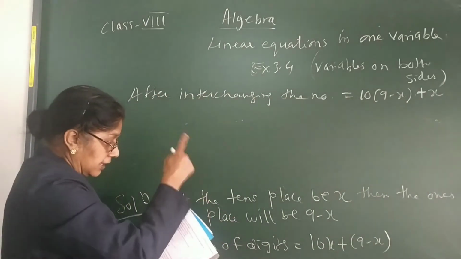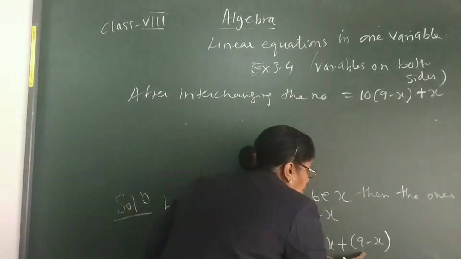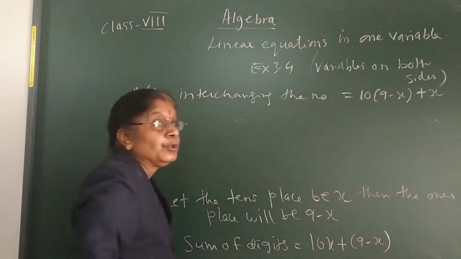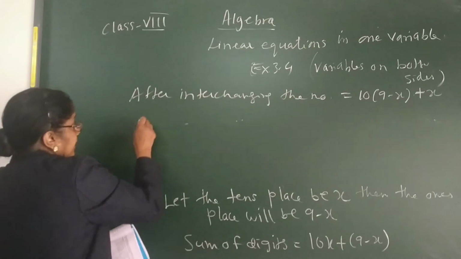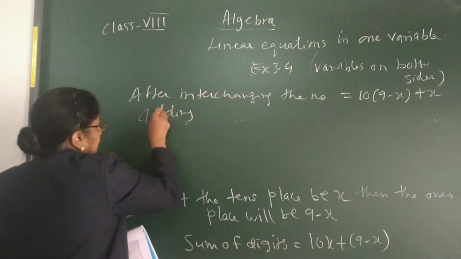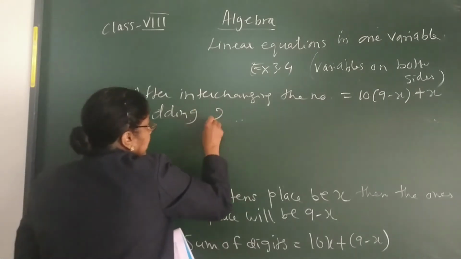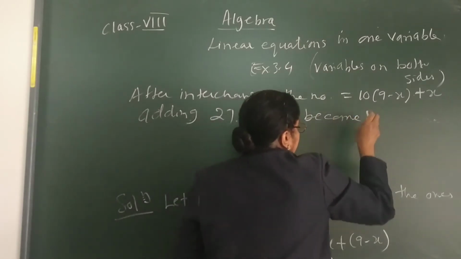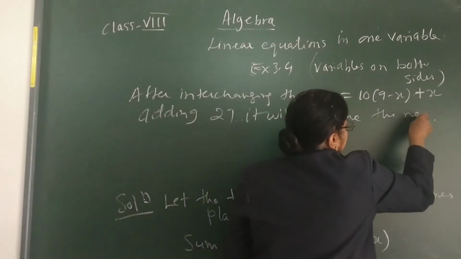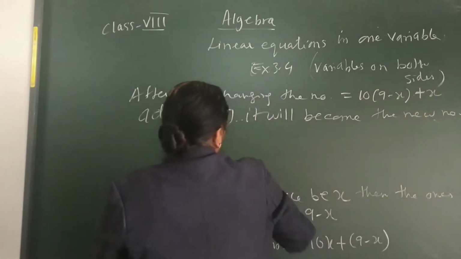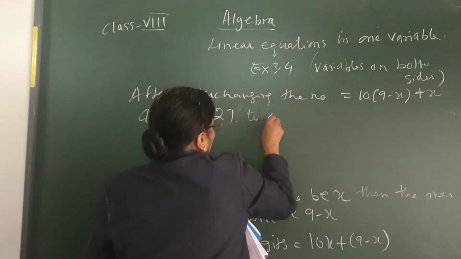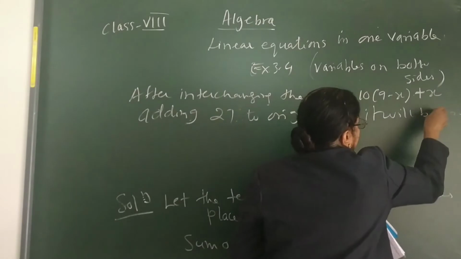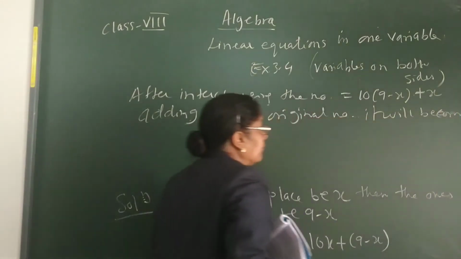What it says, the result is, if you add 27 to this original number, it will become equal to the new number. So after interchange, by adding 27 to the original number, it will become the new number.